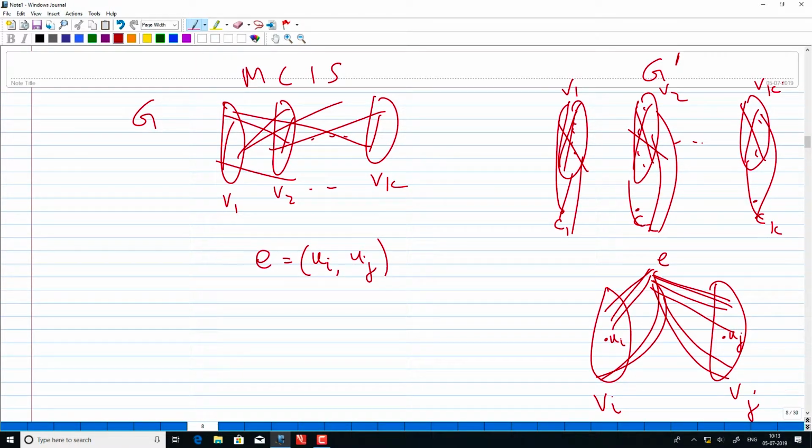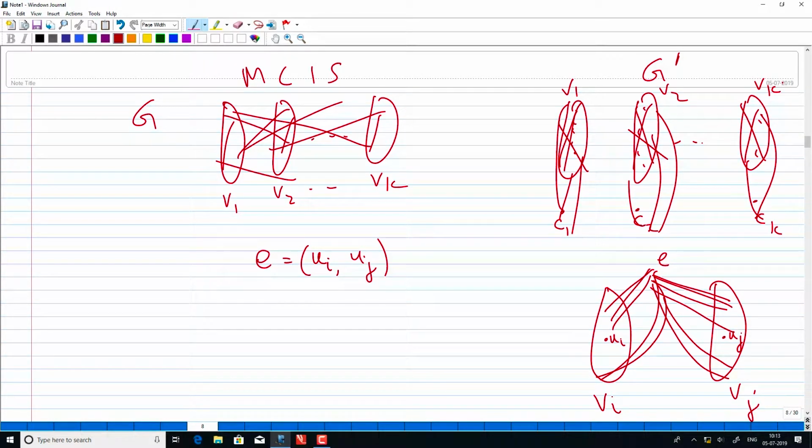For each color class, I am going to add an additional vertex C1, C2, Ck, and this Ci will be adjacent to all vertices of Vi, and each Vi is made into a clique, and I do that for each color class. And then corresponding to an edge within a color class, I am going to ignore it. I do not need it. We can even assume that each color class is an independent set, because I am looking for a multicolored independent set, one from each anyway.